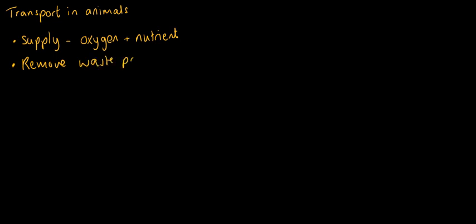Okay, so if we have a think about the factors that might influence the need for a transport system in an organism. Well, first of all, if we had, say for example, a single cellular organism, like a bacteria cell, and we had oxygen that was outside the cell, which needed to get inside the cell, and nutrients outside the cell, then that's going to be able to simply pass into the cell via diffusion.